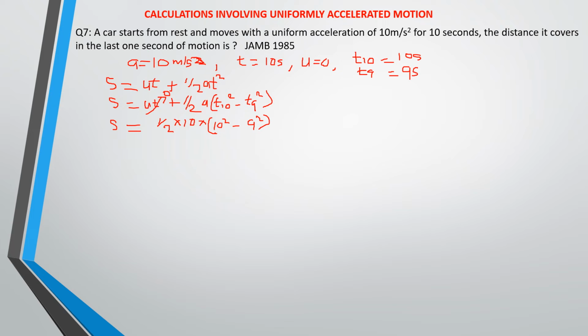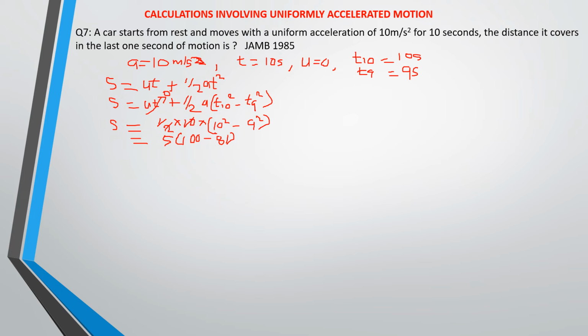If you work that out, this can cancel this out, right? So that gives you 5 brackets. 10 raised to the power 2 is 100. 9 squared is 81, so 100 minus 81.